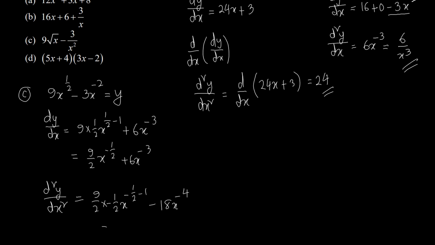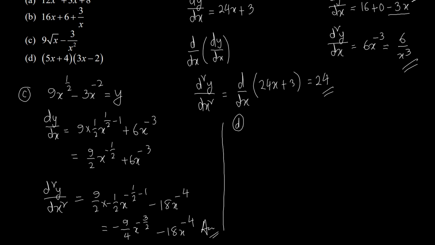So from there we can write our expression like minus 9 over 4, then x to the power minus 3 by 2, then minus 18 x to the power minus 4. So simply we can leave our answer here, or we also can write it in a normal form. So let's go for the last question D.